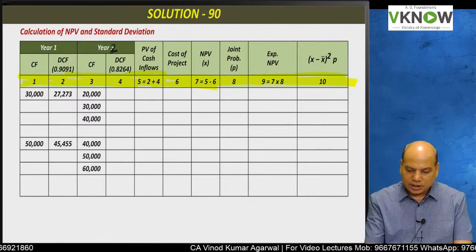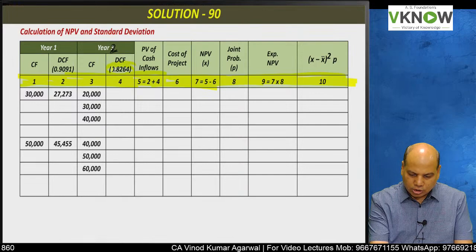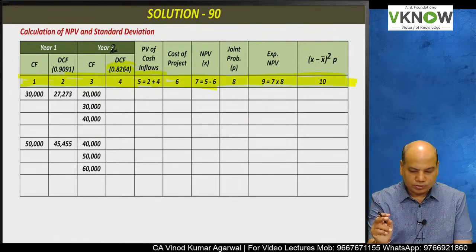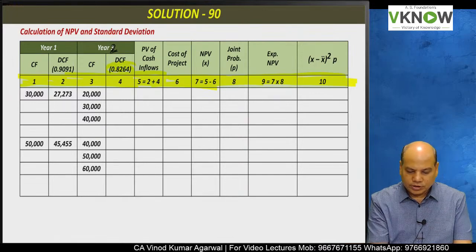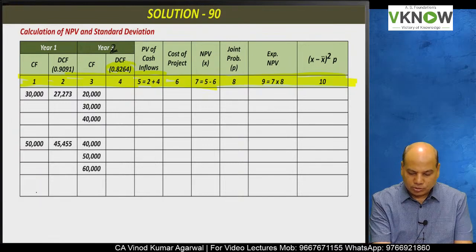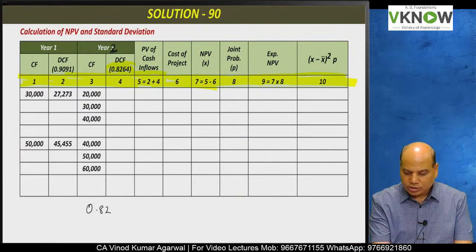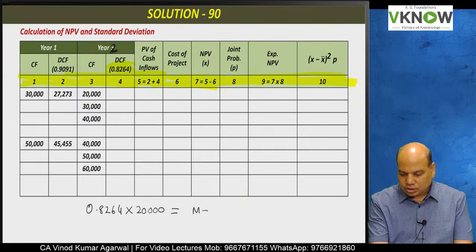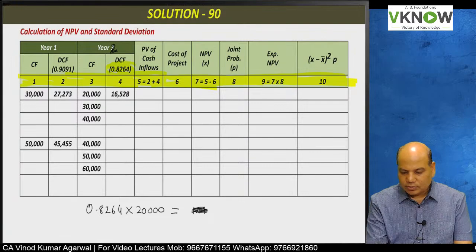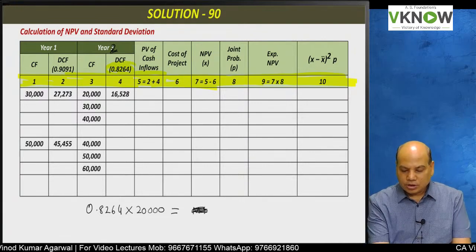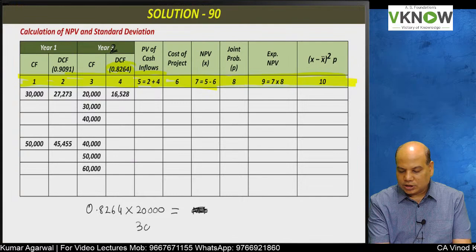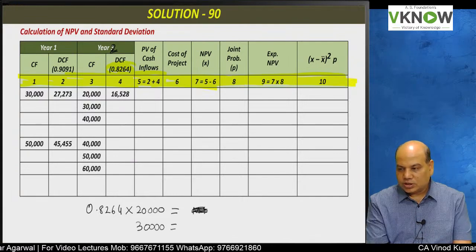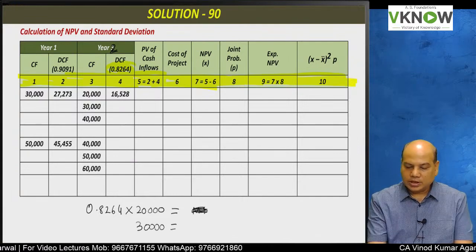Now you have to multiply by a common number 0.8264. First time when you multiply, take 0.8264, then 20,000, press equal to, also press equal to, you will get 16528. Now you just type 30,000 and press equal to, you will get the answer.